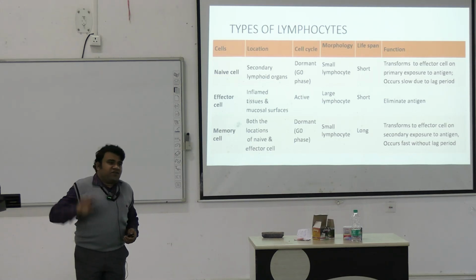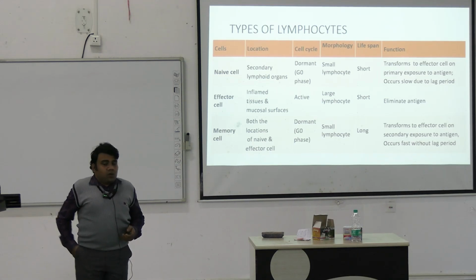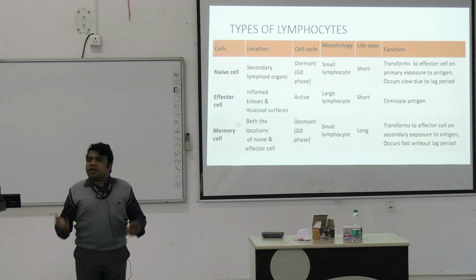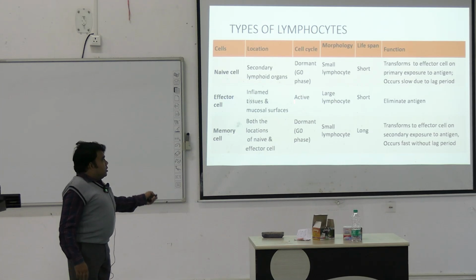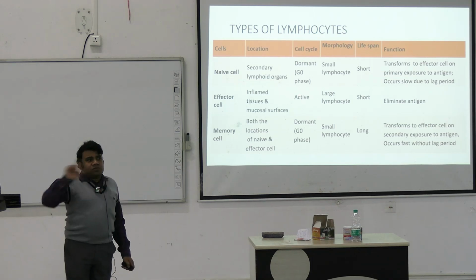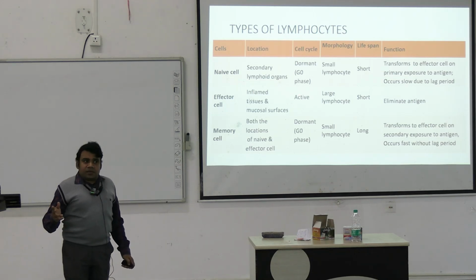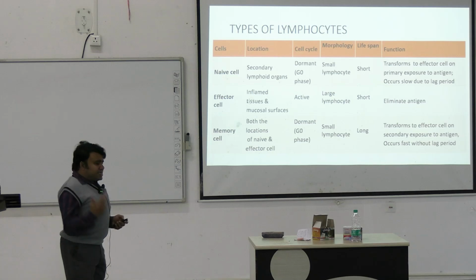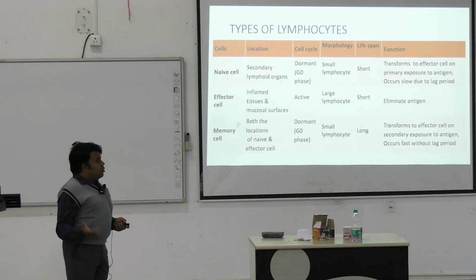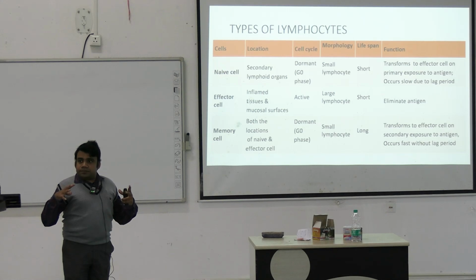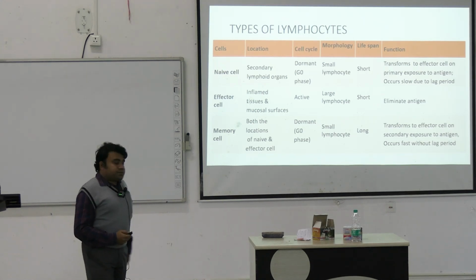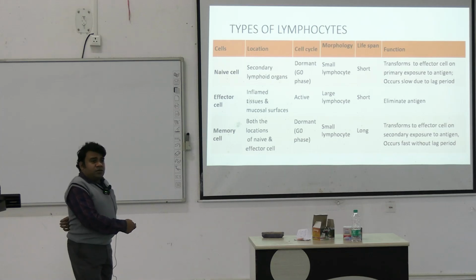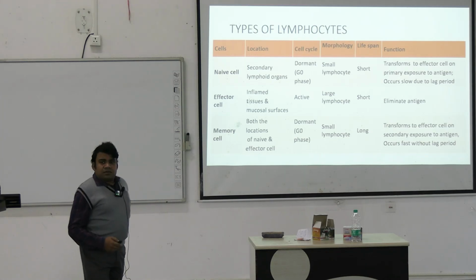At the site of the infection, where the microorganism is multiplying rapidly, because that is where the action is required. Furthermore, they have now moved from G0 to the active life cycle so as to produce various enzymes or immunoglobulins, etc. Hence, the shape becomes larger. However, the lifespan still remains very short. And what it does is eliminate the pathogen.